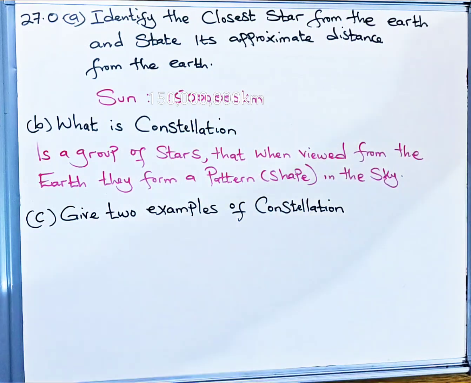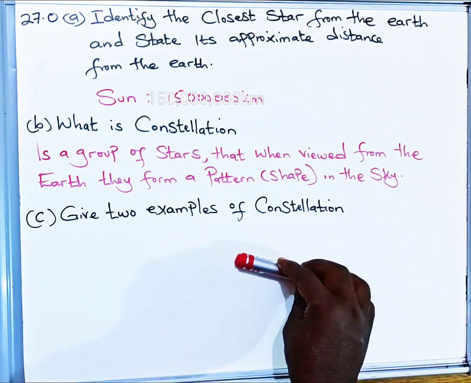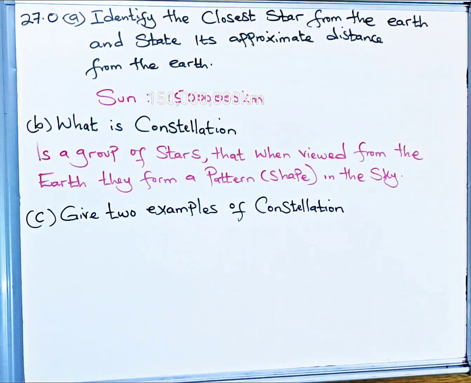Then we come to this question. It says, give two examples of constellations. Any two. The examples are many. One is Orion, which you call the Hunter.